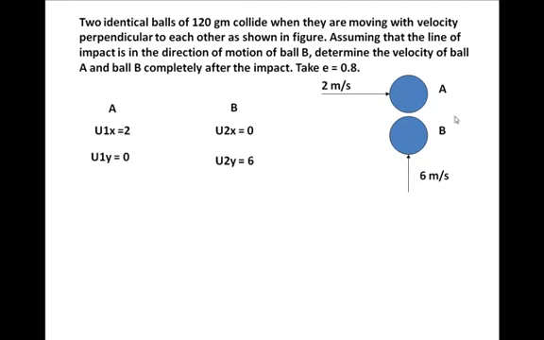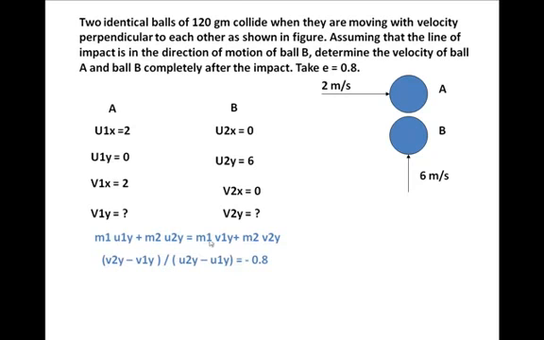So there is no impact along x-axis, and therefore x direction final velocity will be unchanged. v1x will be same as u1x. v2x will be same as u2x, that will be 0. And to work out v1y and v2y, we will use our collision equations in y direction. Now if we solve this and work out the final velocity as before, we will get these answers.